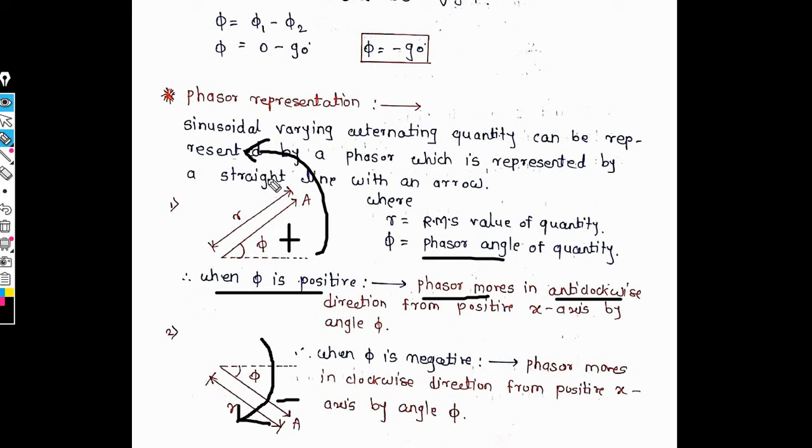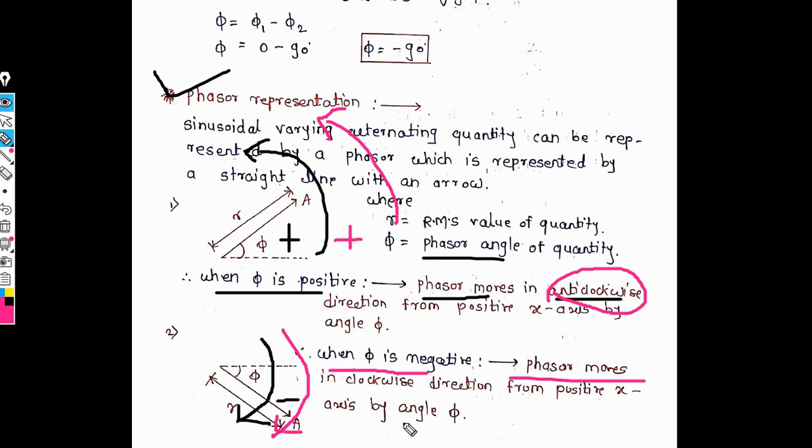These are the important rules of phasor representation. When the angle is positive, the phasor moves in the anti-clockwise direction from the x-axis. When phi is negative, the phasor moves in the clockwise direction with respect to angle phi.